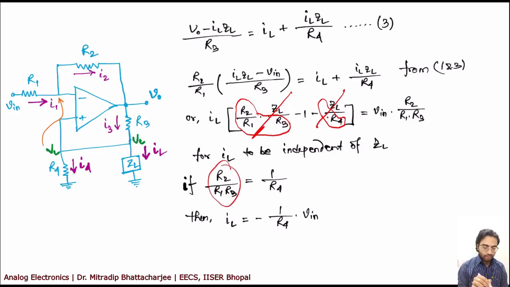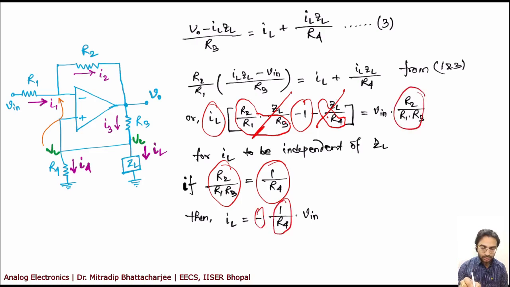So if R2 divided by R1 R3 is equal to 1 by R4, you can write that your IL is equal to minus, because it is minus 1, remember, so it will be minus 1 by R4, because this part is also 1 by R4, right? So it will be minus 1 by R4 into Vin.